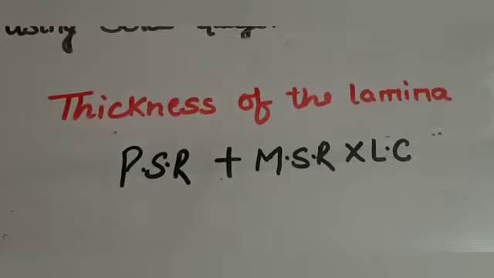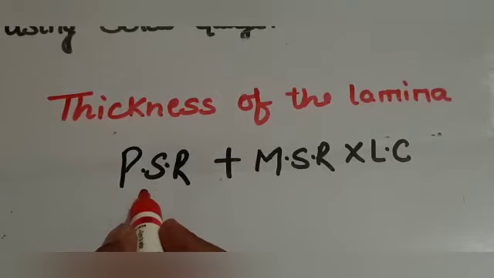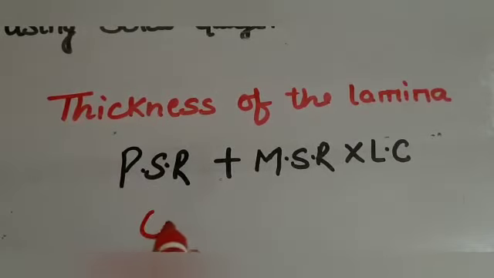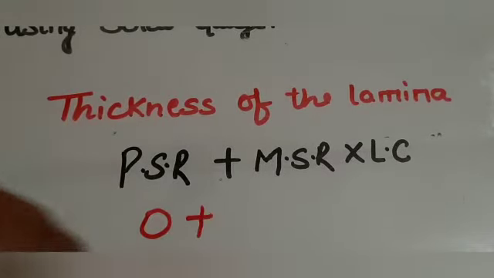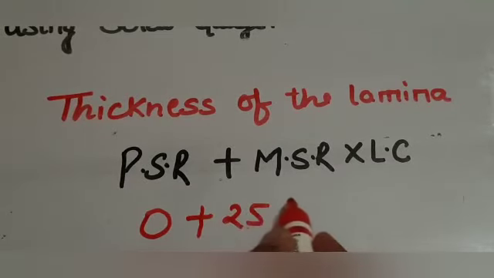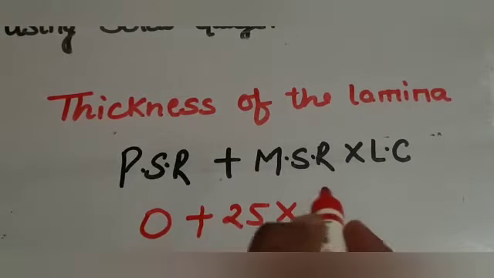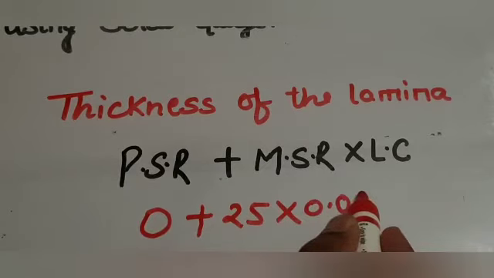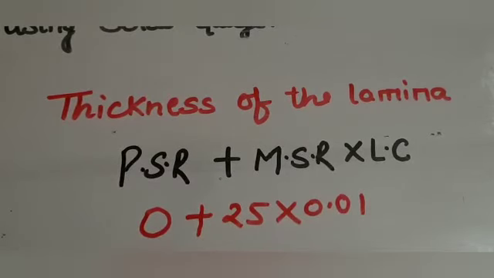So the thickness of the lamina is equal to pitch scale reading, which is 0, plus main scale reading, which is 25, into least count, which is 0.01. On solving, we get the thickness of the lamina as 0.25 millimeter.